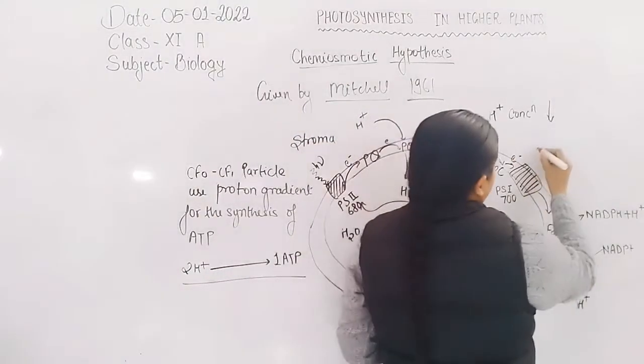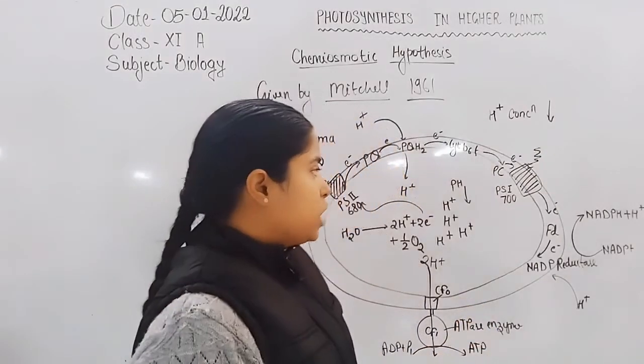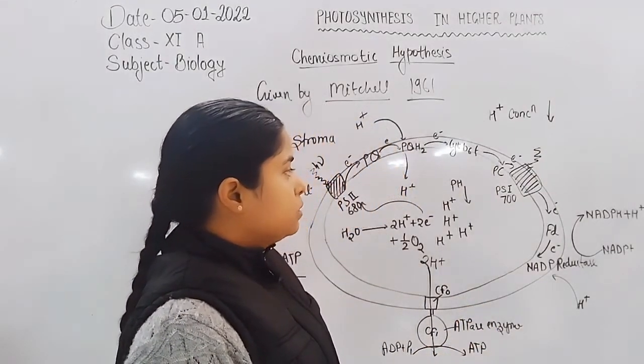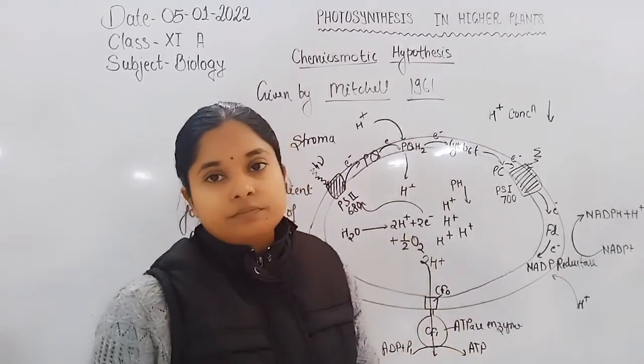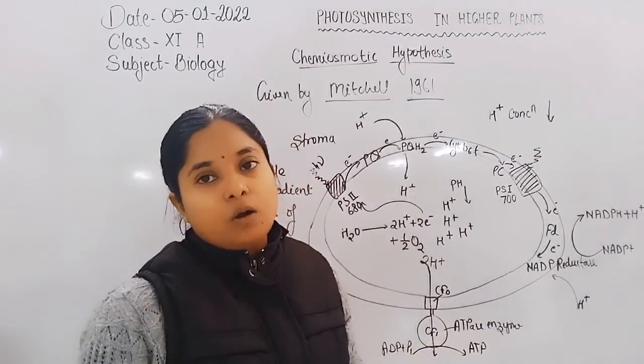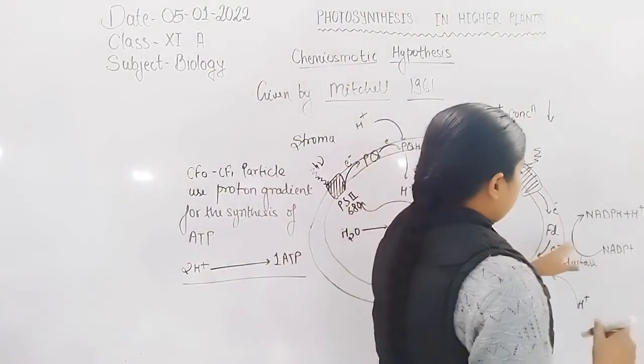Again, when a photon strikes the photosynthetic pigment, the electron gets excited again and jumps into an orbit away from the atomic nucleus, which is accepted by ferredoxin.